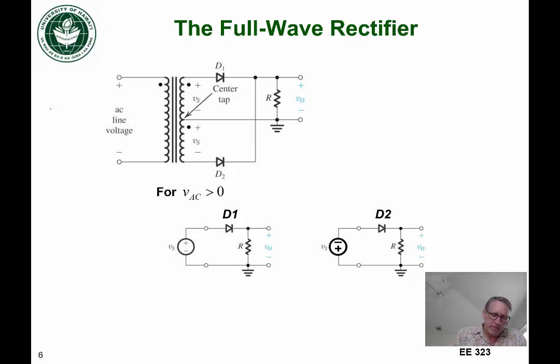For your reference, this is figure 4.22 in your book. The full wave rectifier is a technique to use both positive and negative waveforms to generate your output DC-like voltage. There's a special transformer that's used in this case. This is called a center tap transformer.